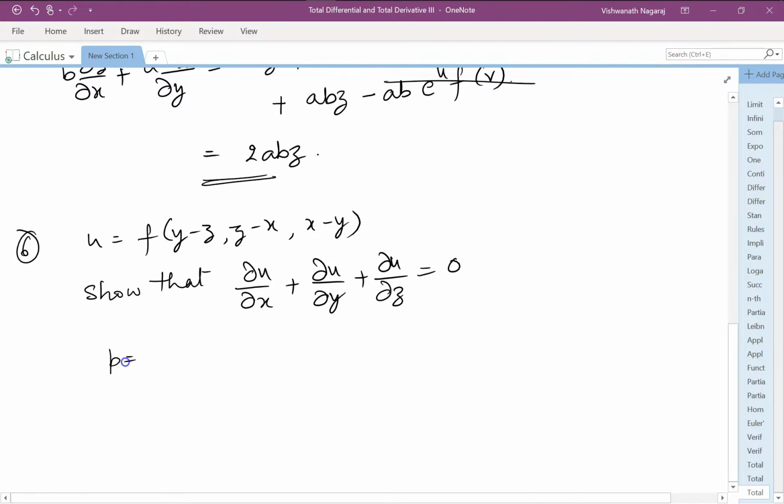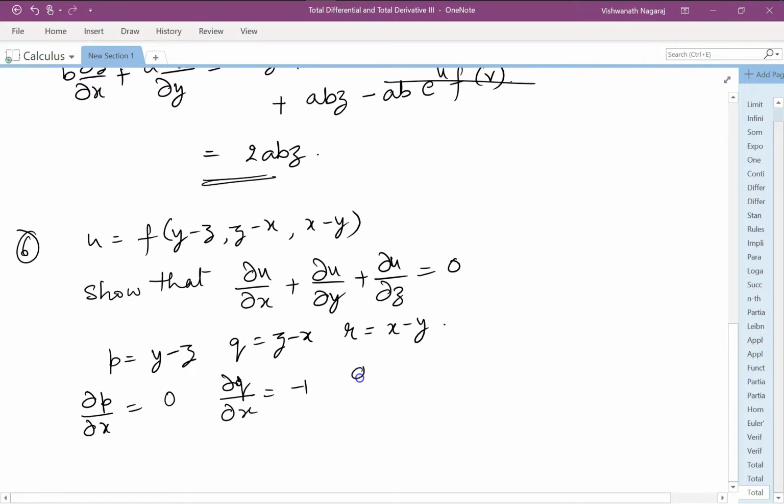Let's say p is equal to y minus z, q is equal to z minus x, r is equal to x minus y. Now dou p by dou x is equal to 0. Dou q by dou x equal to minus 1.